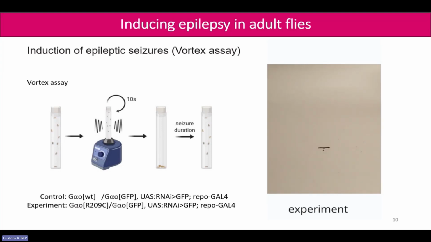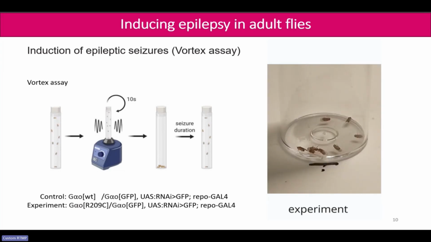Now it's the shaker experiment. Most of the flies have seizures, and now with some time, just wait. Yes, now they start to move, and we can calculate the time and compare the time between different lines. So it's quite a visible effect.